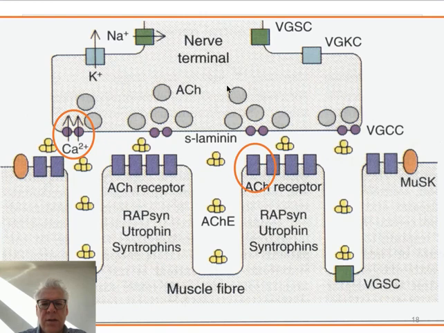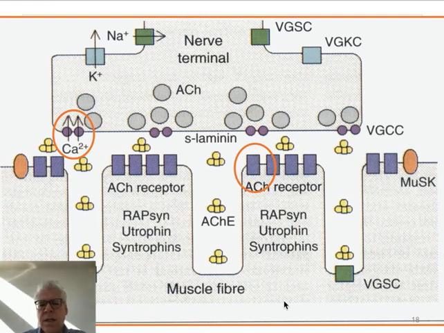The vesicles with the acetylcholine, if released, release acetylcholine that can interact on the postsynaptic side with the acetylcholine receptor. Close to the acetylcholine receptors, we find another voltage-gated sodium channel, but now in the muscle. If these receptors are activated sufficiently, the membrane potential will depolarize enough that the voltage-gated sodium channel will become activated, and that will generate a muscle action potential.